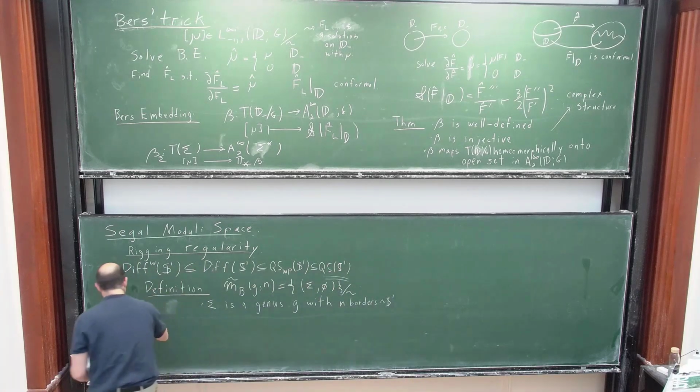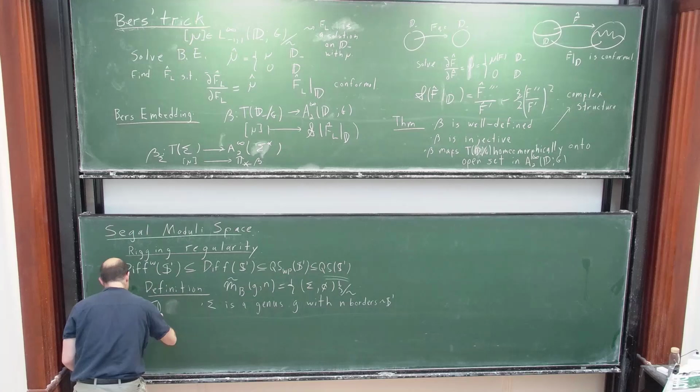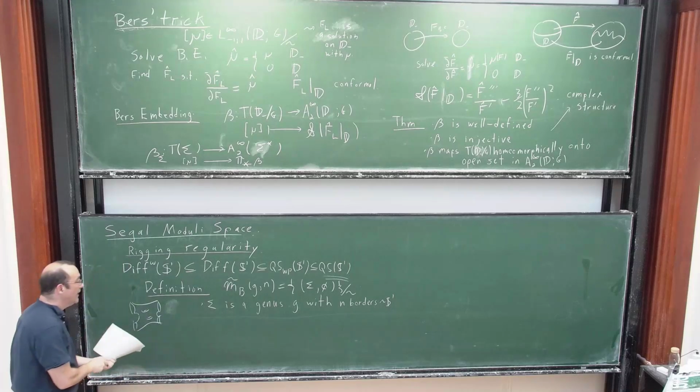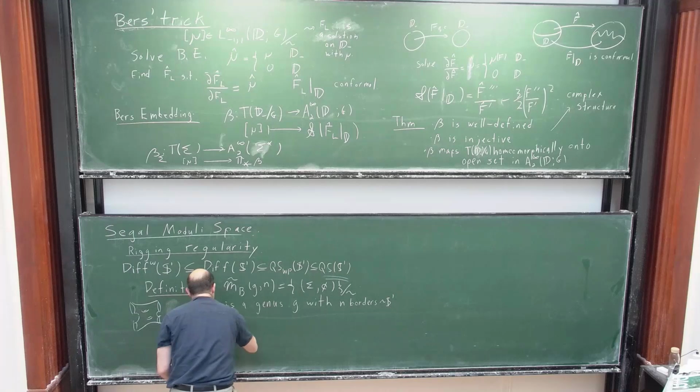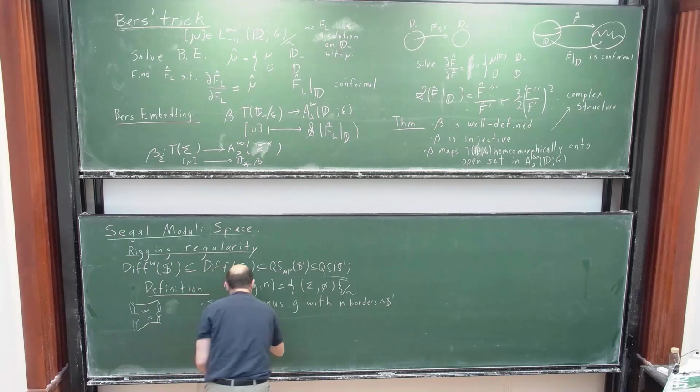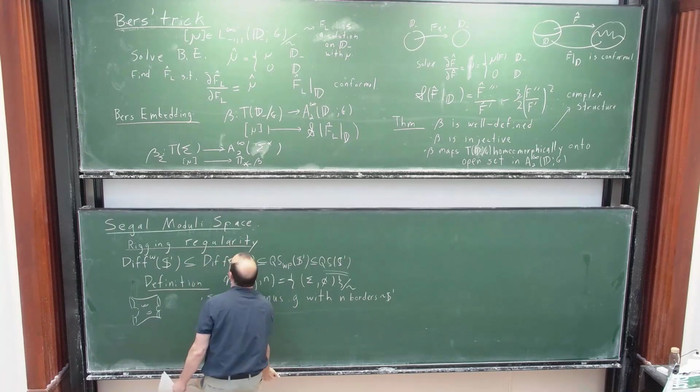So this is the picture. And phi is a set of parametrizations.